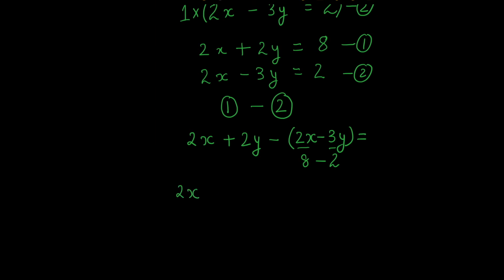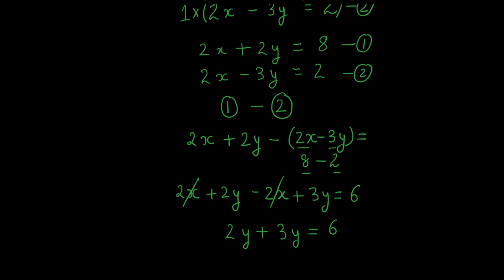So this becomes 2x plus 2y minus 2x, and negative becomes plus 3y equals 8 minus 2 will be 6. And because the largest number is 8 and it's positive, it remains plus 6. Now this is plus 2x, this is minus 2x, it cancels because it's 0. And therefore the equation becomes 2y plus 3y equals 6.